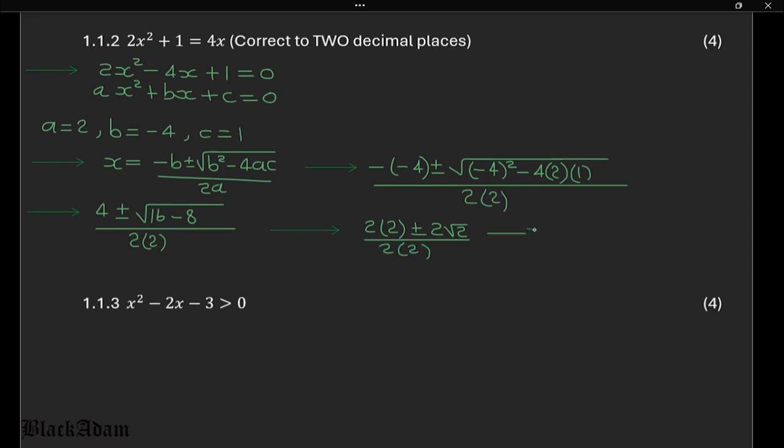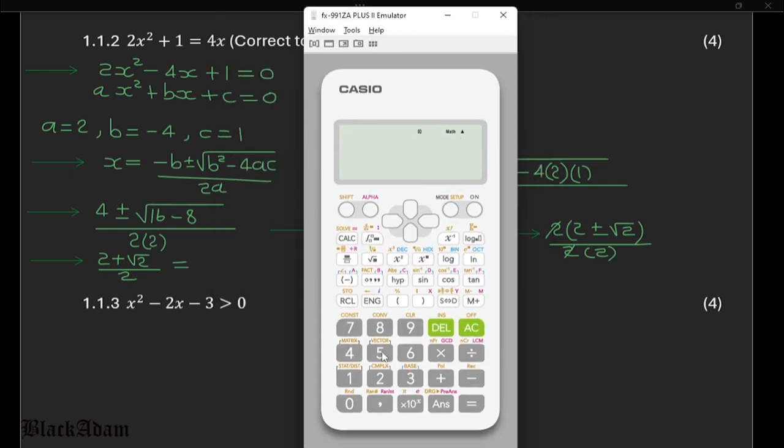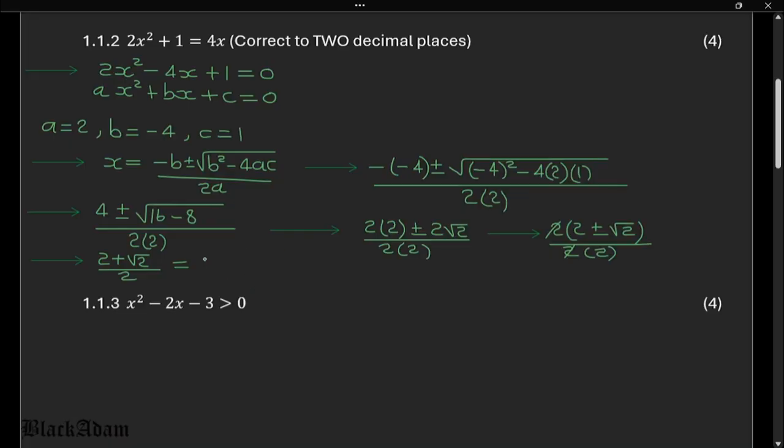And then from there we factor 2 on the numerator, so it's 2 plus or minus root 2 over, we already have 2 bracket 2, so the 2 cancels out. So our answer is going to be, take the positive part, which is positive root 2 over 2, giving us, using our calculator, 2 plus root 2 divided by 2 is 1.71, rounding off to 2 decimal places.